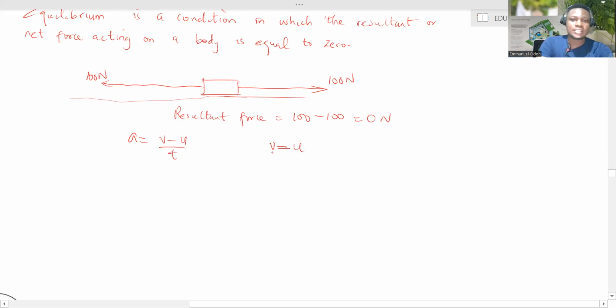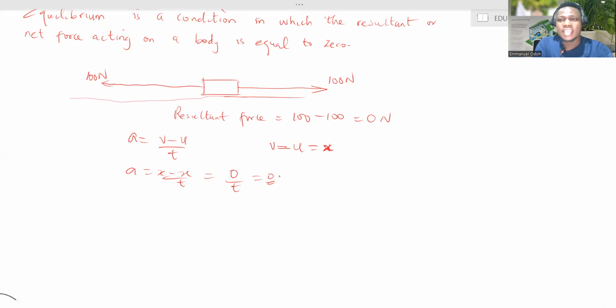Let's say both of them are equal to x. So I have a equals x minus x over t, which gives me 0 over t, making the acceleration 0. Meaning a body that is in a state of equilibrium is either moving at a constant velocity or at rest.